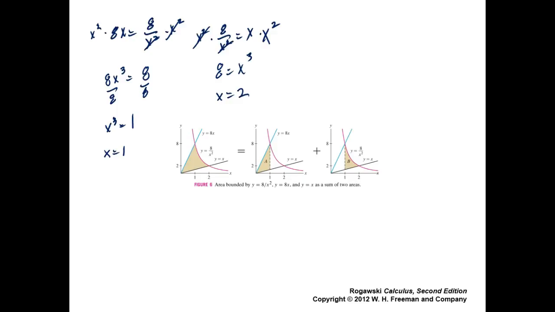So let's do that. What's that first integral? You're going from 0 to 1, right?